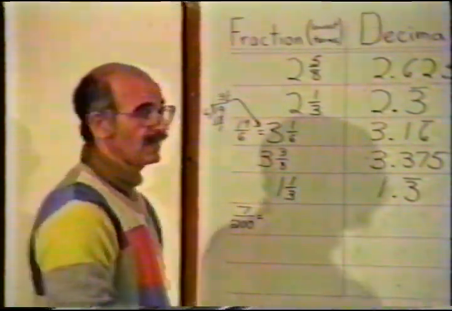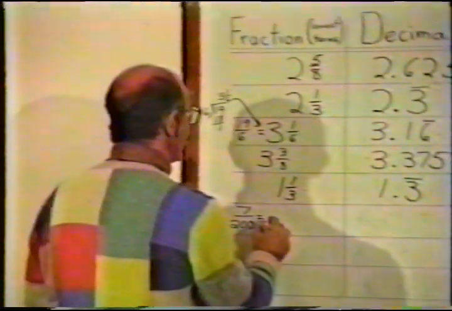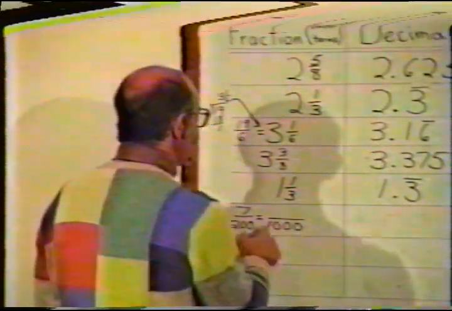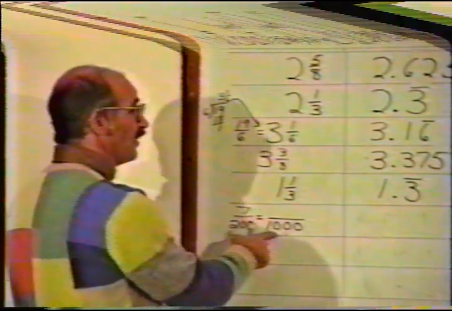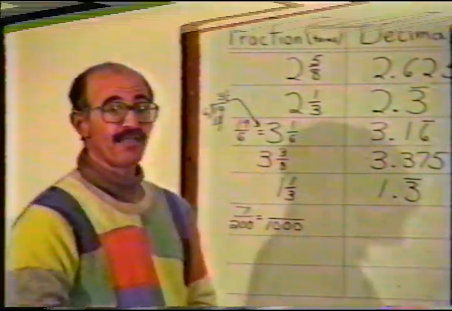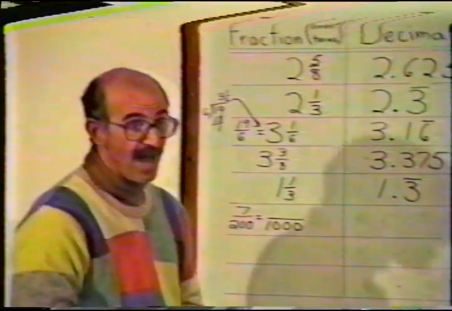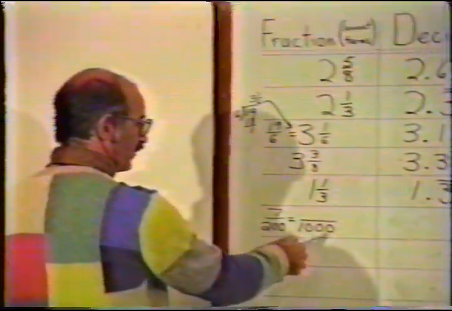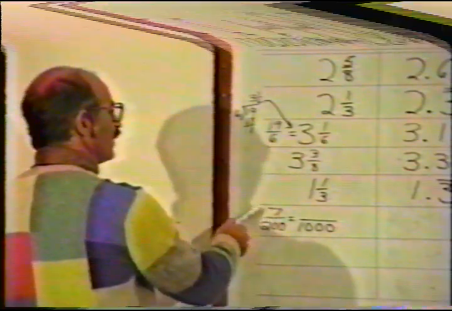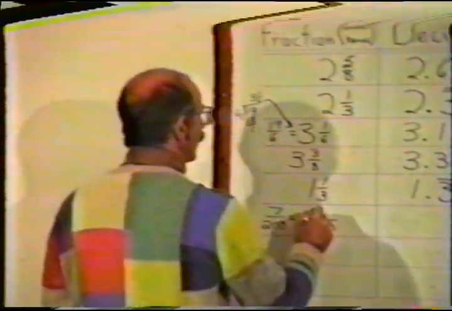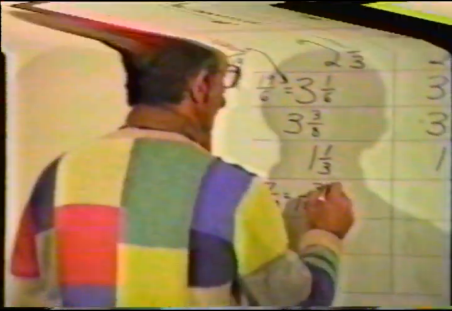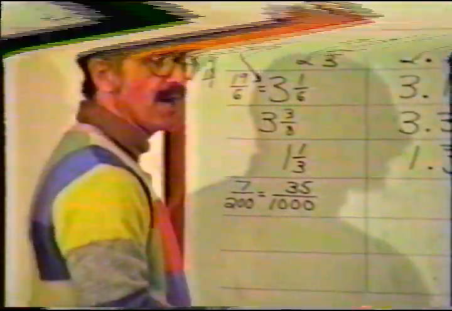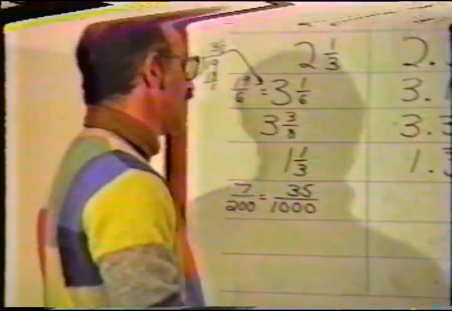No. But we can make it a fraction with 1,000 on the bottom. How many 200s are there in 1,000? 5. Very good. 200 into 1,000 is 5 times 7. 35. 35 thousandths.